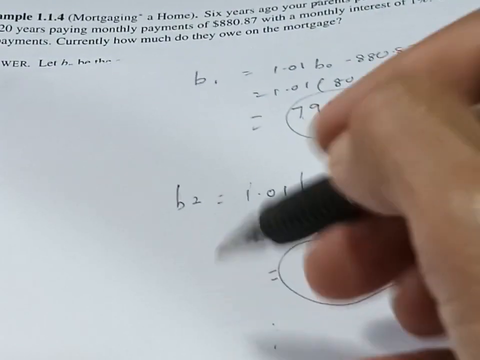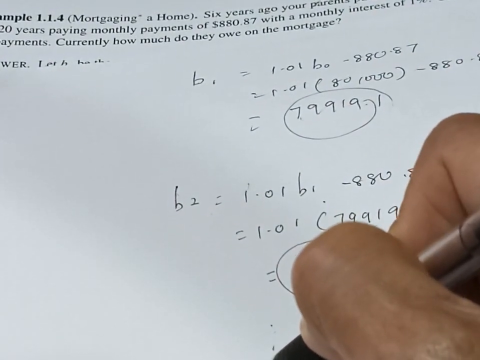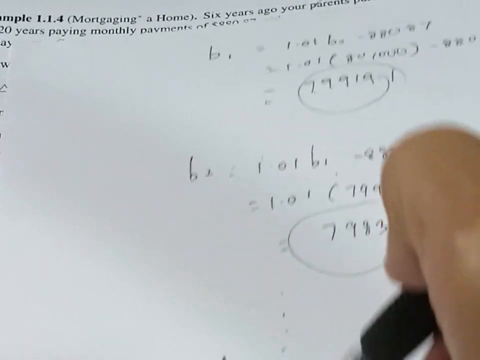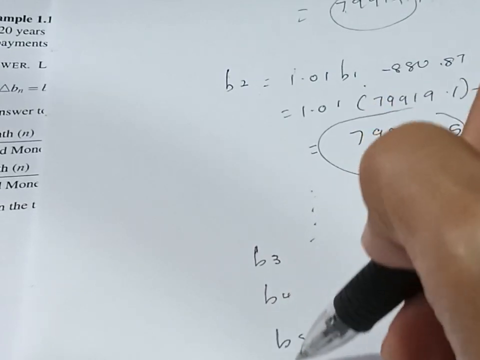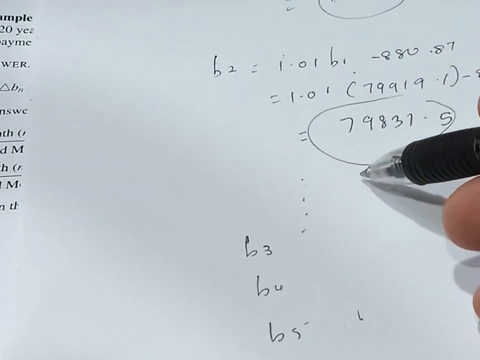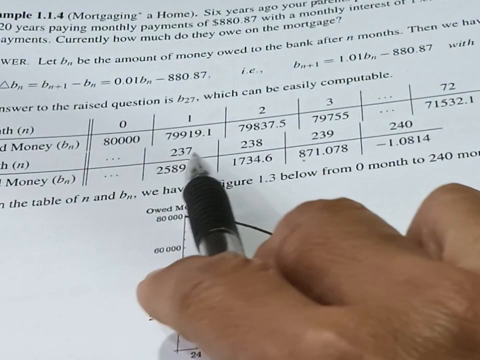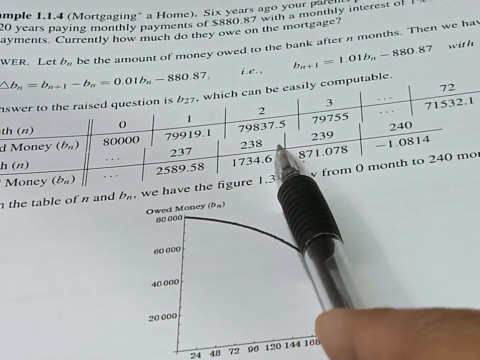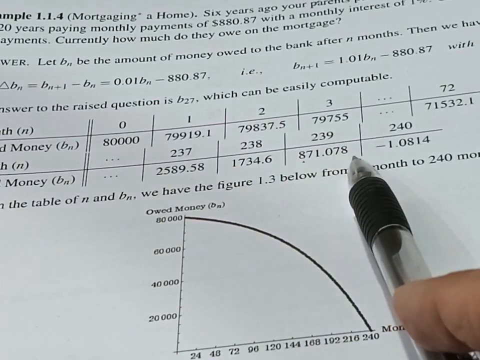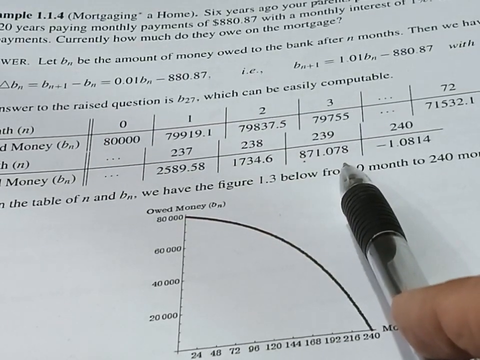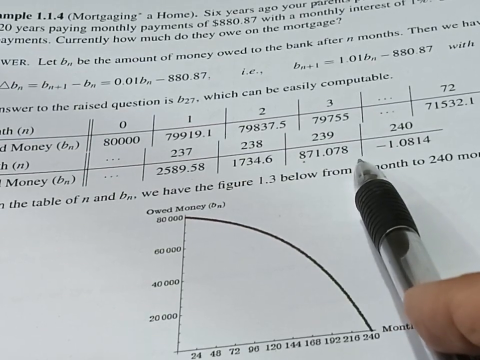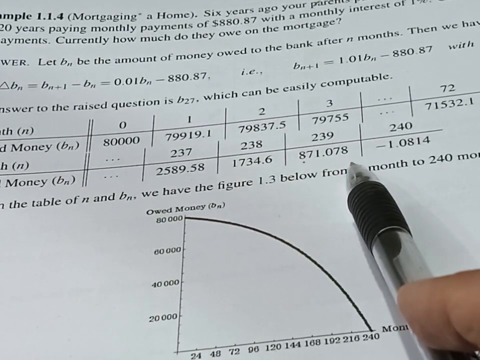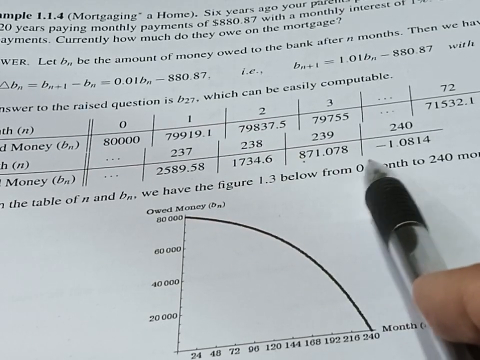We follow the same process to get B3, B4, B5 and so on, and finally we will have values given by this table. We do this until we get a value which goes to 0, to ensure that our loan with the bank is done.